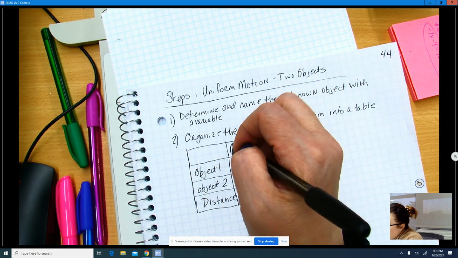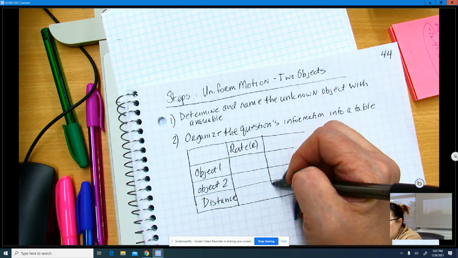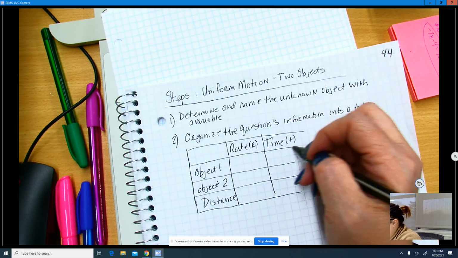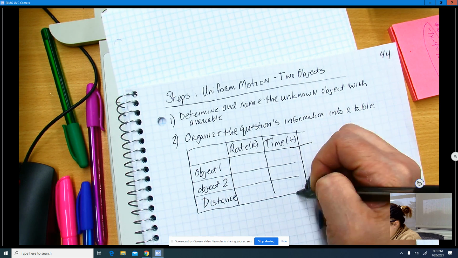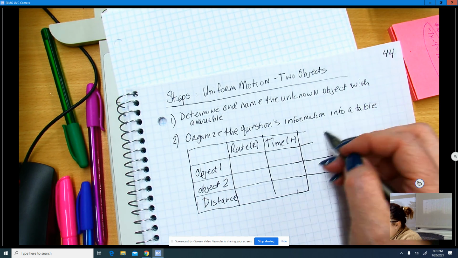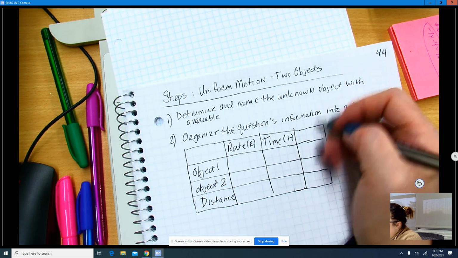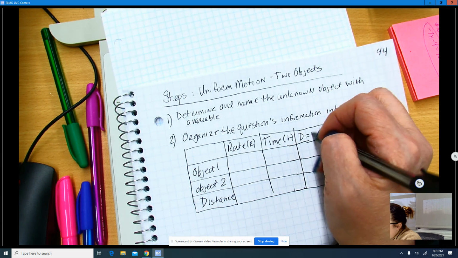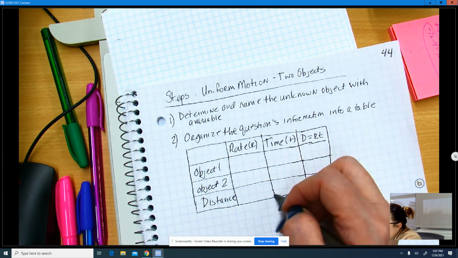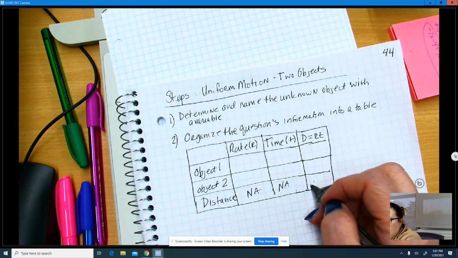Here we're going to put the rate that each object was traveling, how long they were traveling for, and as it showed us up above, distance equals rate times time. So I'm going to multiply the rate and time together to get the distance. And the distance I'm going to put down here. Typically on the total line, this is not something you fill out for these 2 boxes, just the final total.